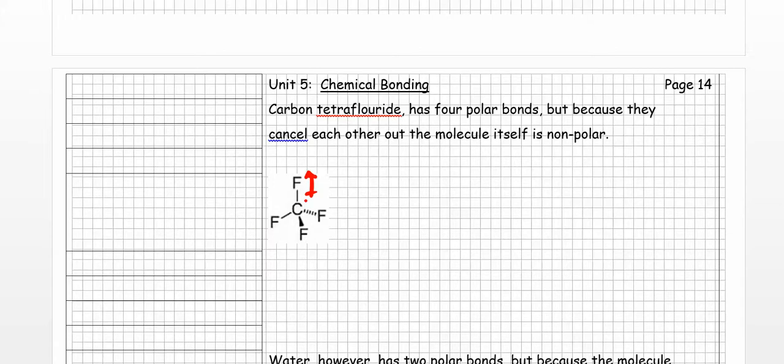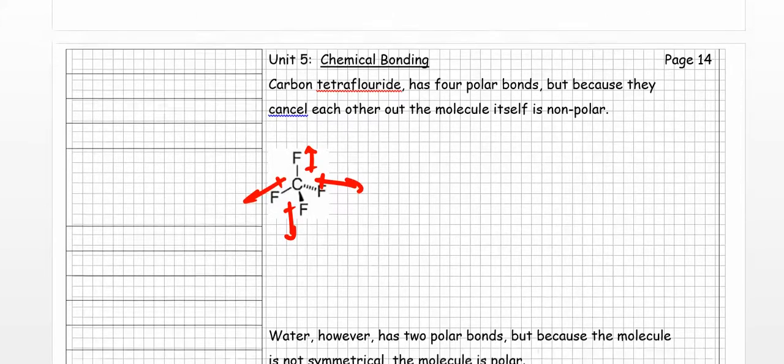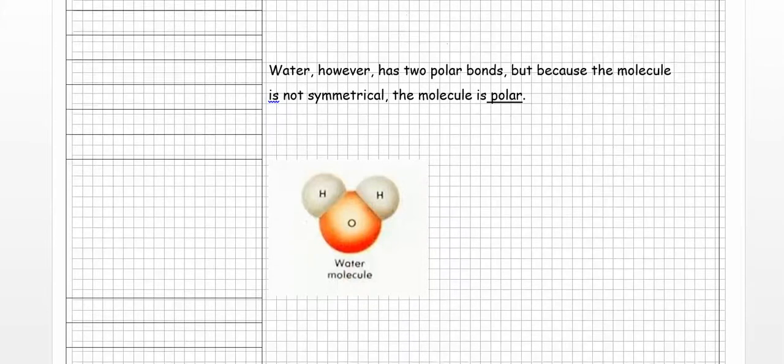But if I were to draw the polarity of this carbon-to-fluorine bond right here, that would be polar, right? So would that one, and that one, and that one. The point is they cancel each other out. So even though each of the bonds is polar, the molecule as a whole is nonpolar.